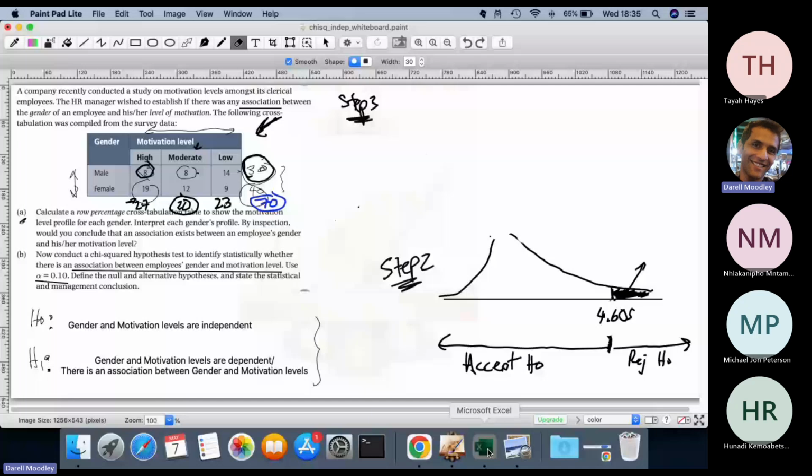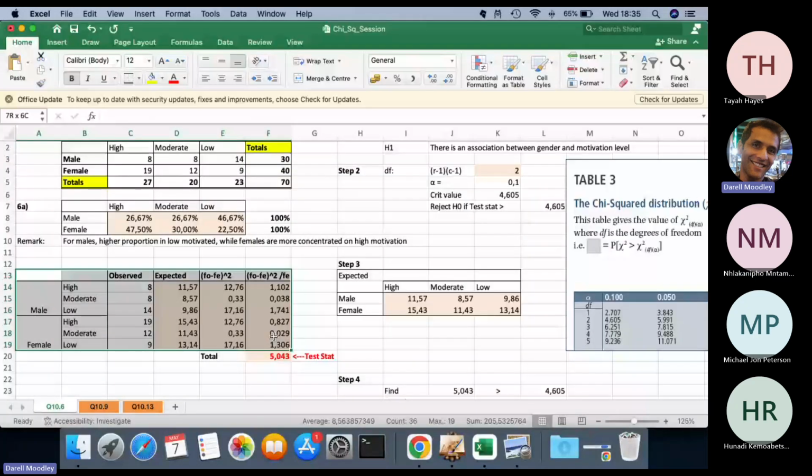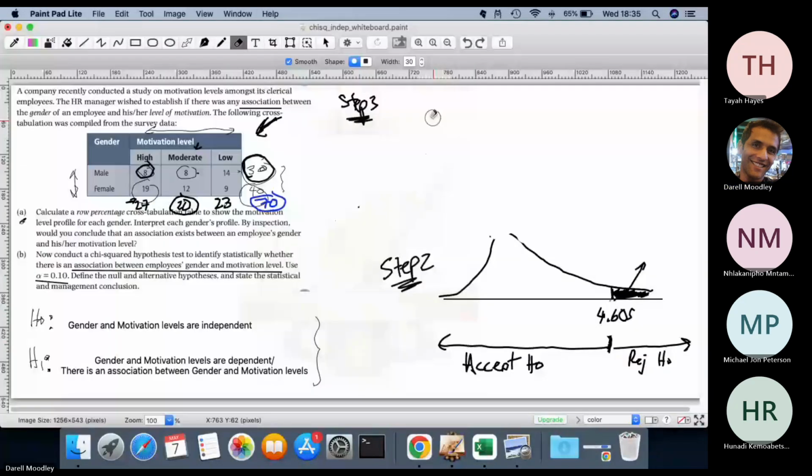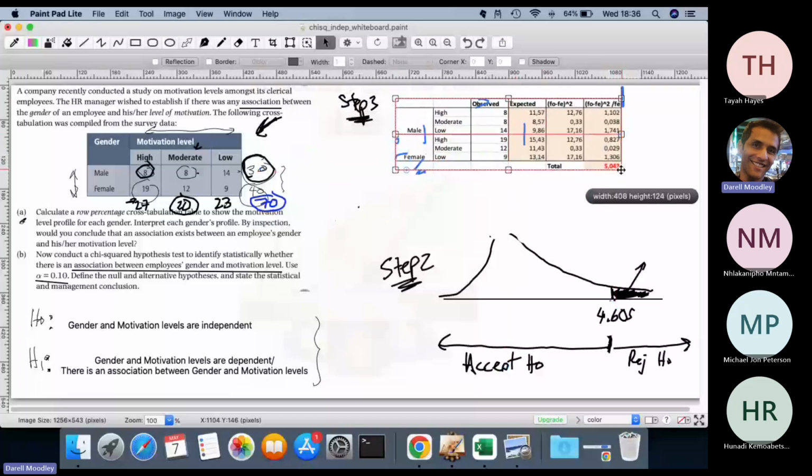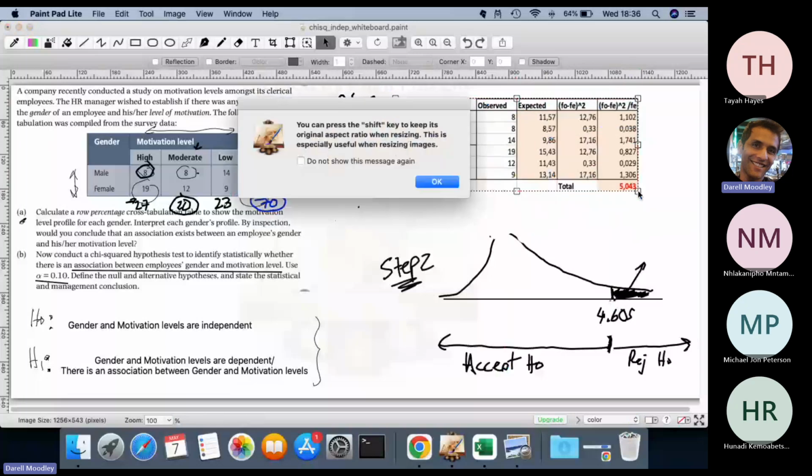This is a much neater table. So let me put it there. Okay, so everything I just did is now written a bit neater here.